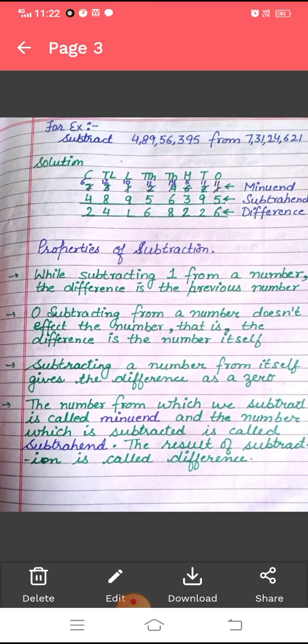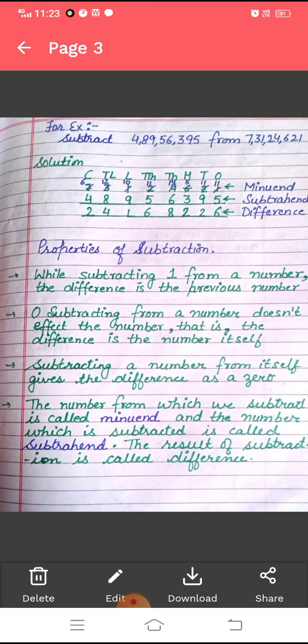So let's solve the example. In the ones column, in the first number 1 is written, in the second number 5 is written. So 1 is smaller than 5. What we have to do is borrow 1 from the next column. So we will make 1 into 11, and then subtract 5 from 11. 11 minus 5 is 6. Then we will cut the number 2 in the tens column and make it 1, because we have given one to the ones column.